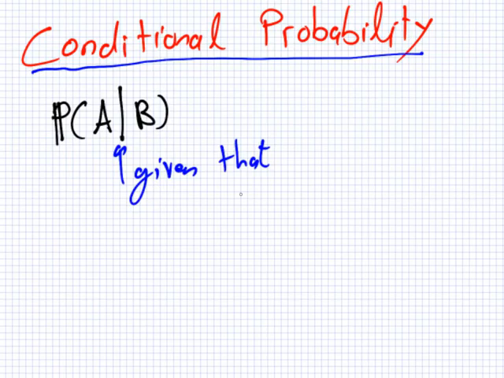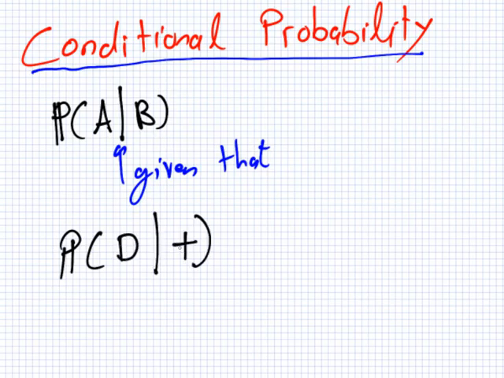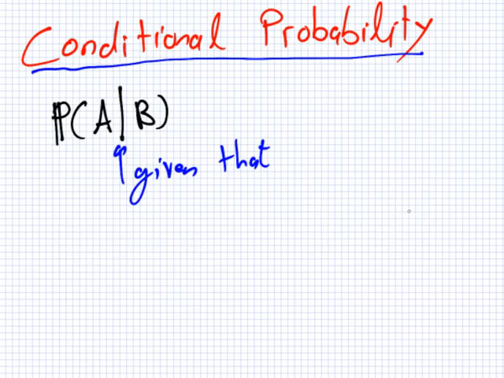Do you remember the example we had was what's the probability that you have the disease if the test was positive? Or the example, probability that the TV was made in China if it was broken. So how did we calculate that? We did a table. This is not the best way to do it.